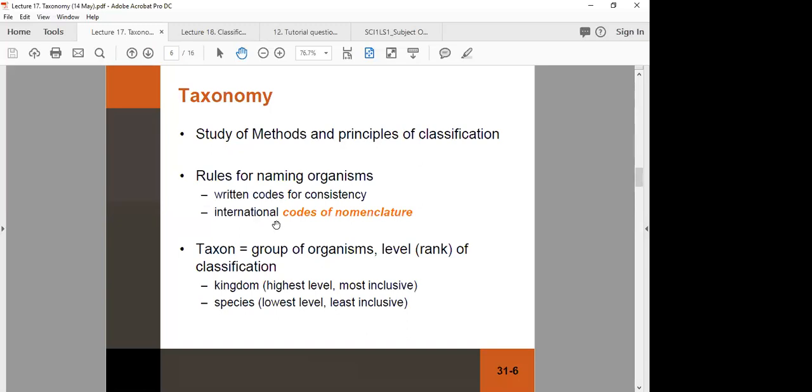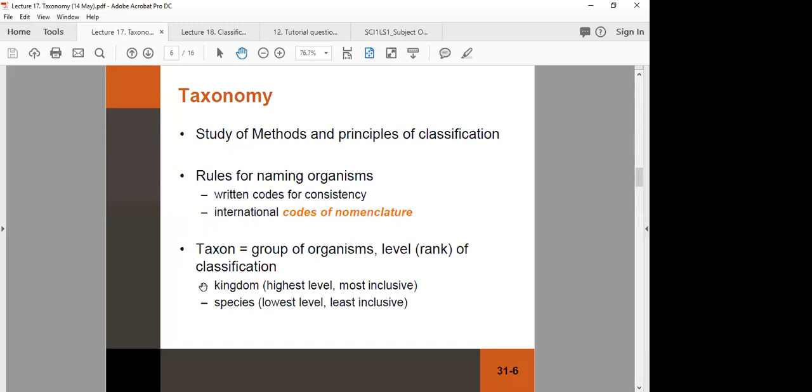And these codes are referred to as international codes of nomenclature. Okay, these codes basically include all these different levels or ranks of classification. Each level of classification is referred to as a taxon or taxonomic level.